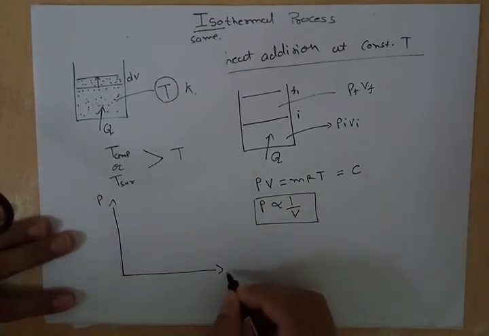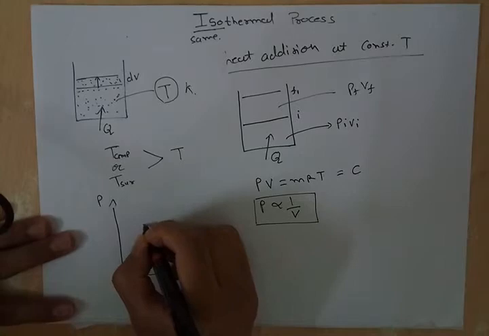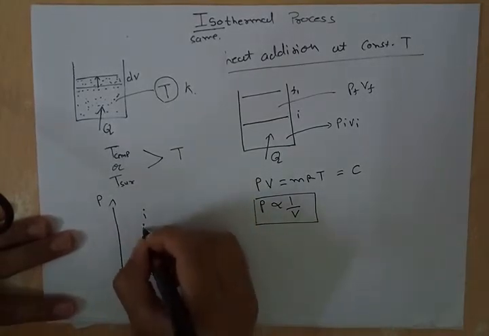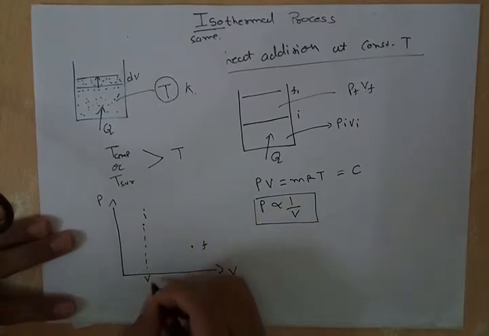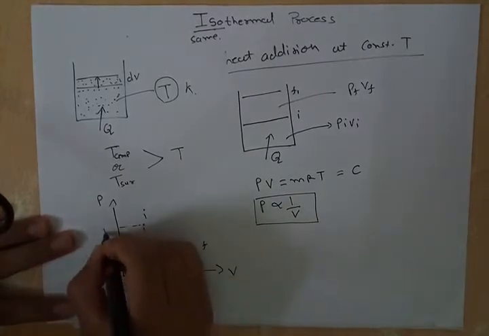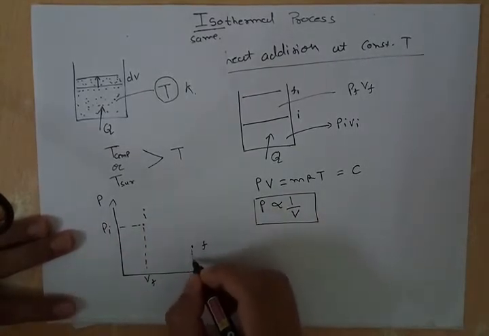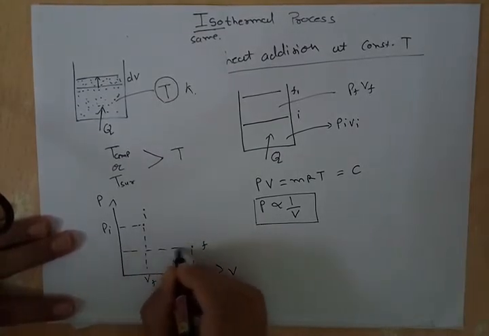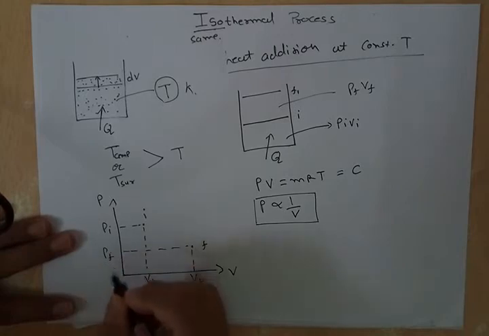Let us draw it in our PV diagram. This is our initial state and this is our final state. Pi, Vi, and let us draw coordinate of final state in PV diagram, Pf, Vf.